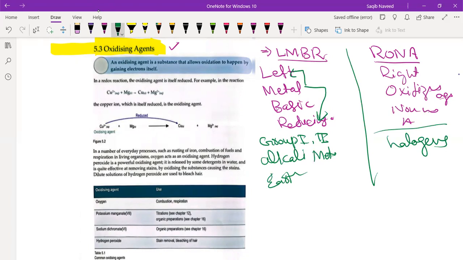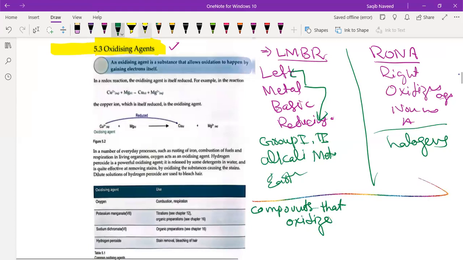Okay. So now the second point, after that you will be able to understand the concept. The second point is compounds. You need to understand compounds that oxidize. Oxidize means oxidation process. They are reducing agents. So this is the keyword. If you have found the oxidation process in any element, it means it is acting as a reducing agent.